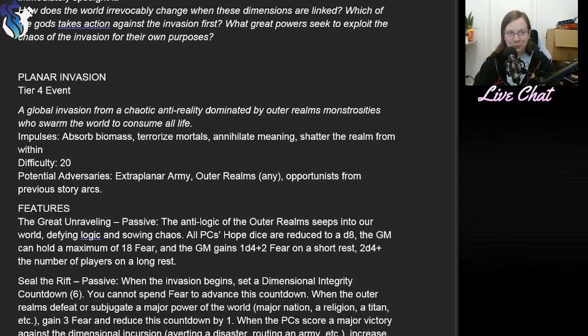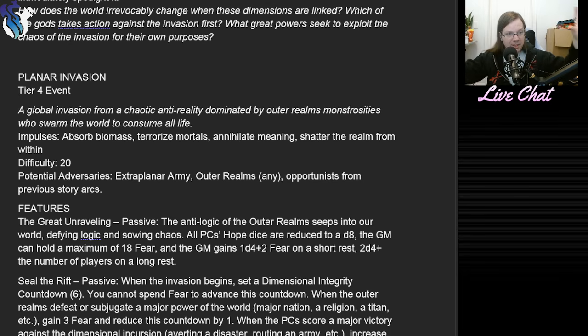You want it to not go to 0, right? Countdown reaches 12. The invasion is completely repelled and the vortex sealed. So this gives me meta structure, right?